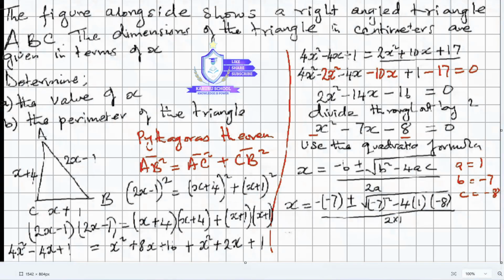So this one would be x equals 7 plus or minus the square root of 49 plus 4 times 8, which is 32, divided by 2.